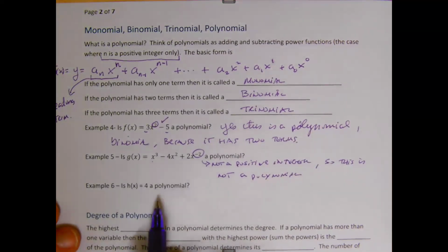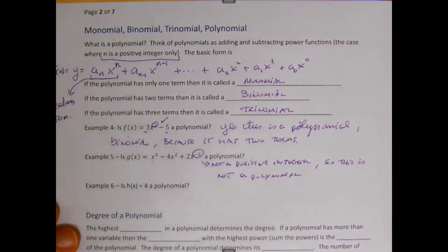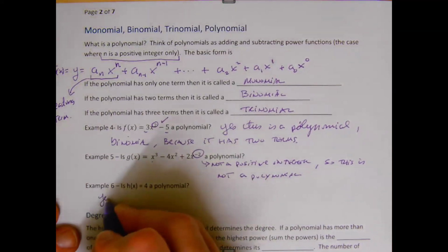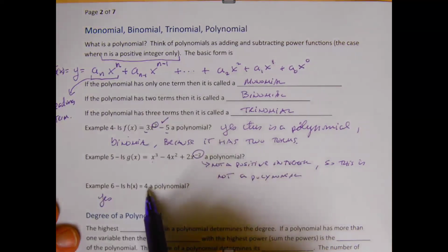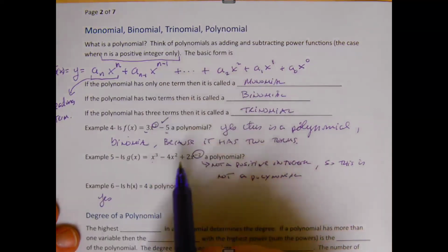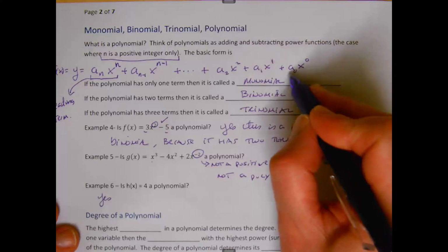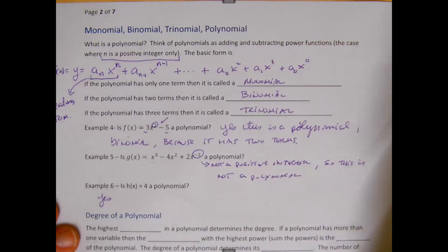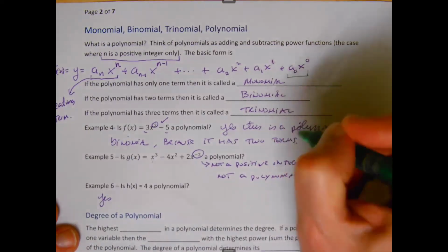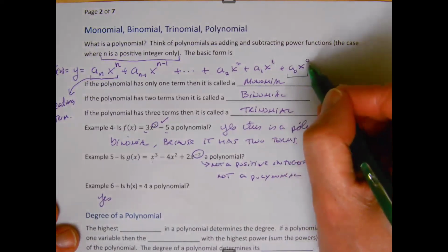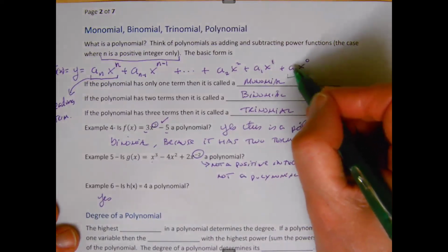Okay. How about this one? Is this one a polynomial? And the answer is yes. And I go, well, how could this be? There's no x variable. Well, this is going to be this last case right here. So we have x to the 0th power, we'll just call that 1, and there's a constant.